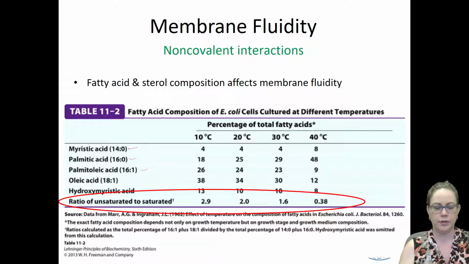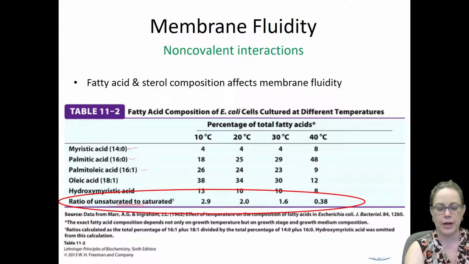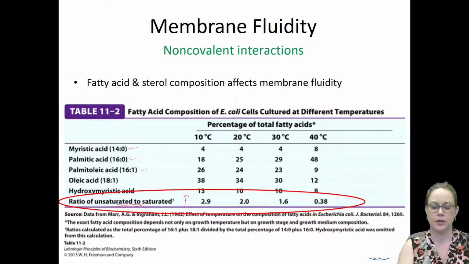If we just simply want to summarize what's going on here, if we take a look at the ratio of unsaturated to saturated fatty acids, what we can see is we have a higher percentage or ratio of the unsaturated fatty acids present at the lower temperatures.